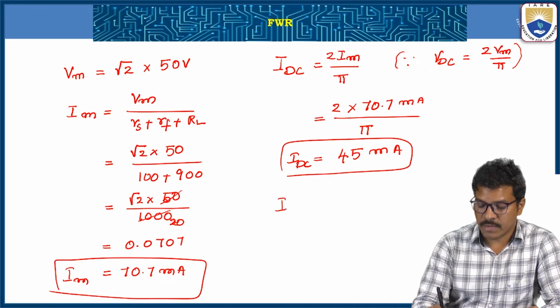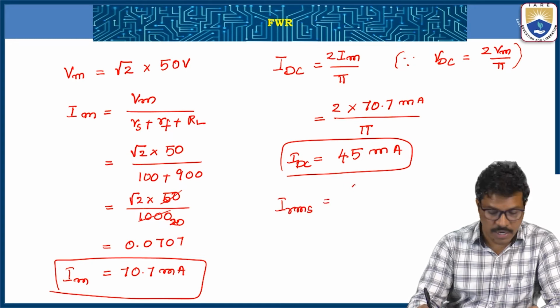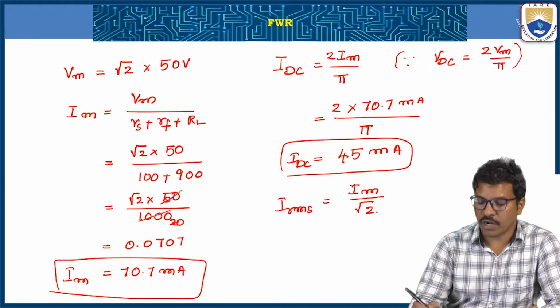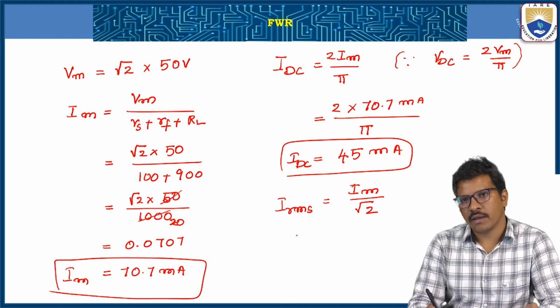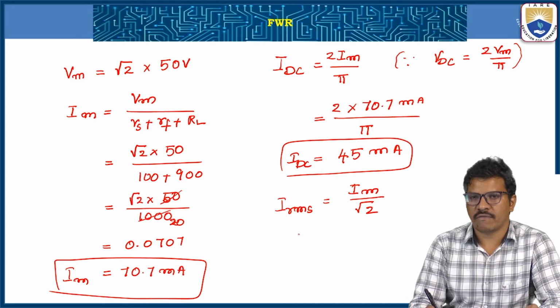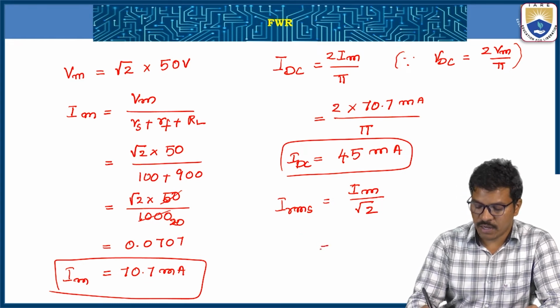What about the RMS current? RMS current is the maximum current Im divided by root 2 for a full wave rectifier. It is Im by 2 for a half wave rectifier, and Im by root 2 for full wave and bridge rectifiers. So Im we got as 70.7 milliampere divided by root 2.